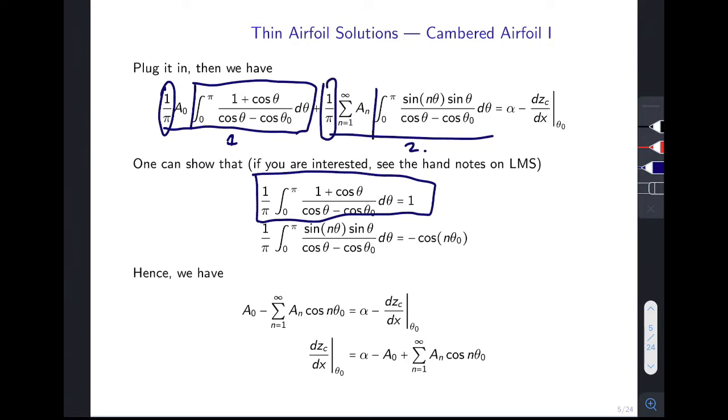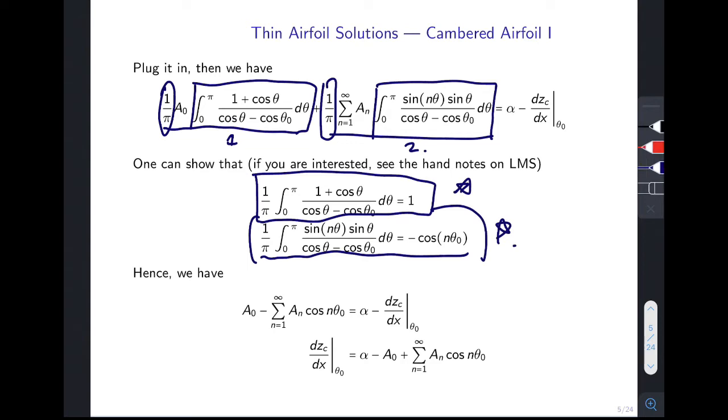For the second part, 1 over pi times these chunky integrations will be minus cosine n theta naught. These are very interesting identities, and I have posted proofs for them, which require several pages, on LMS. If you are interested, you can take a look. Once you use these two derived identities and plug them back in here, you will end up with a very nice expression.